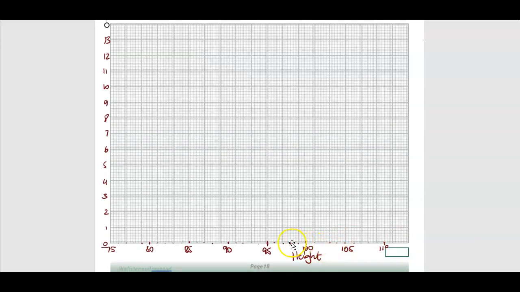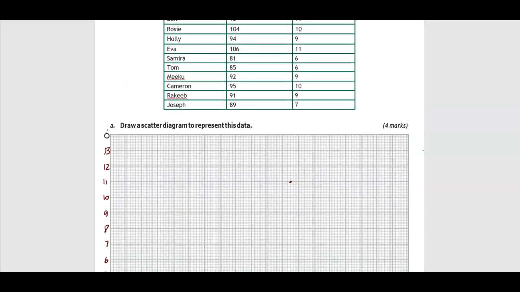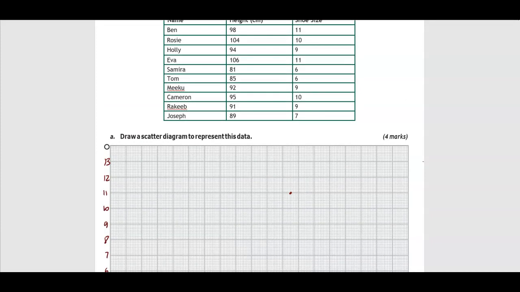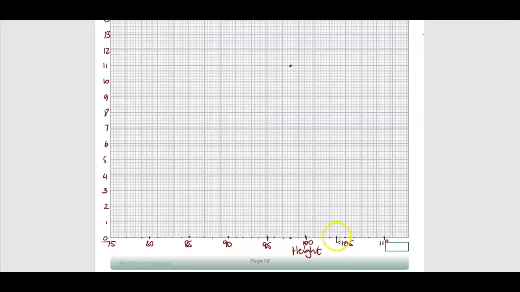So 98 that would be here, going up to shoe size 11. And then we get the next one, which is 104, shoe size 10. So 104 is here, going up to shoe size 10.